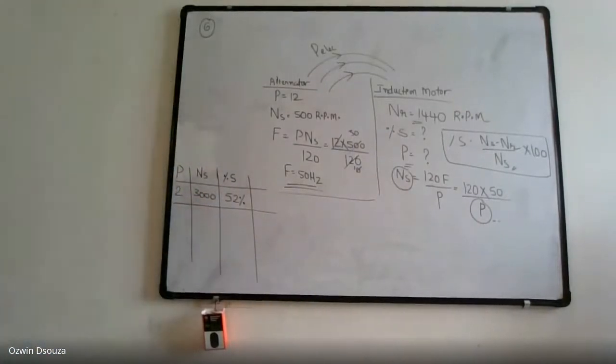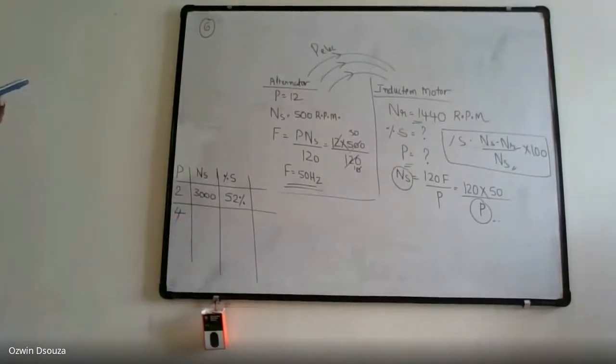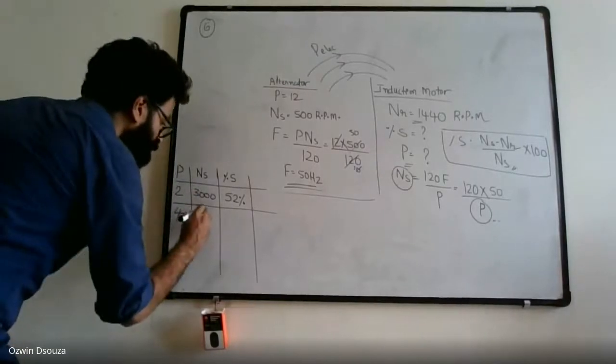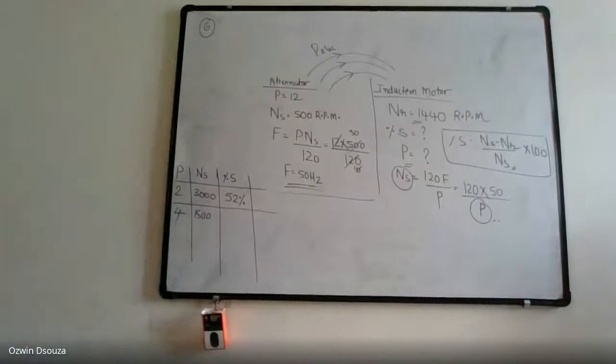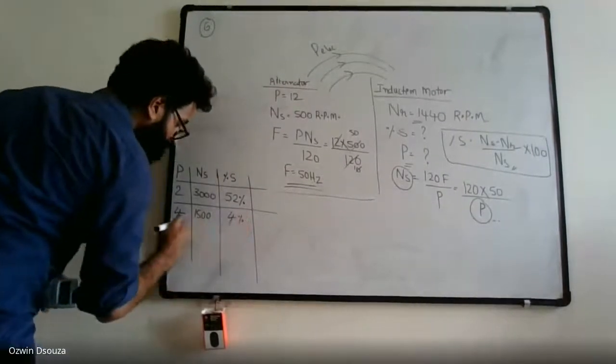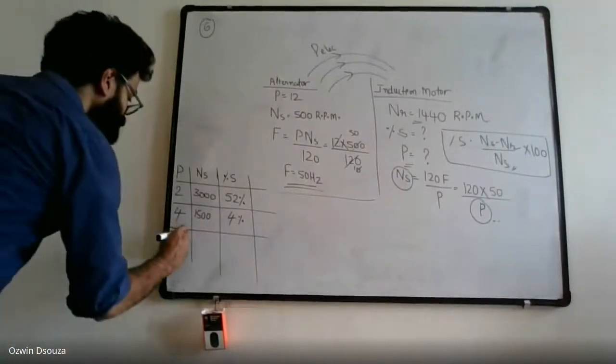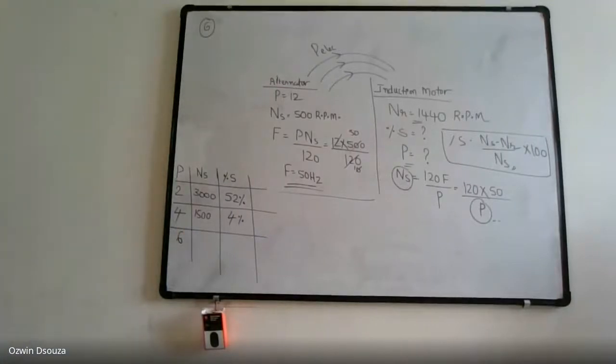Let us change it to 4 now. When you change it to 4, the speed becomes 1500 RPM, and for 1500 RPM, slip is 4%. And now let us change it to 6.